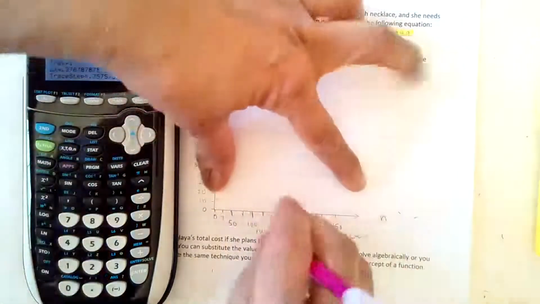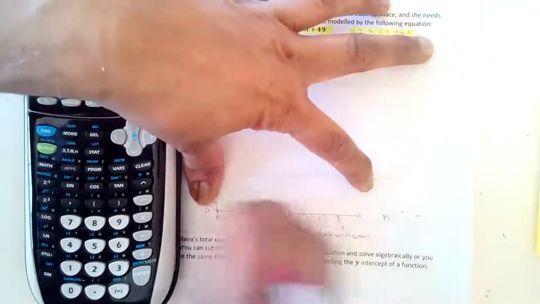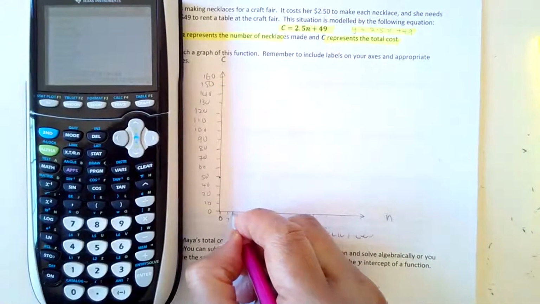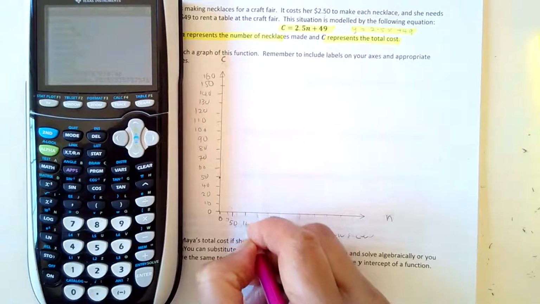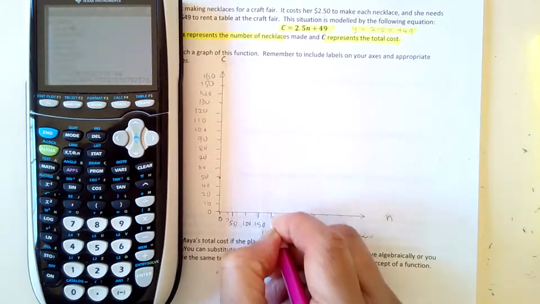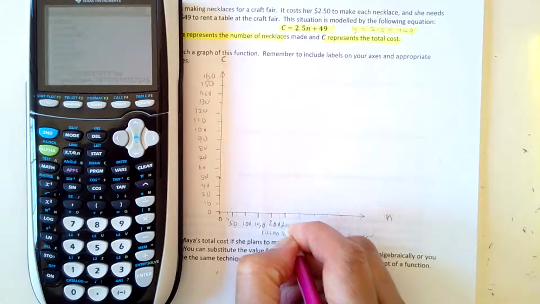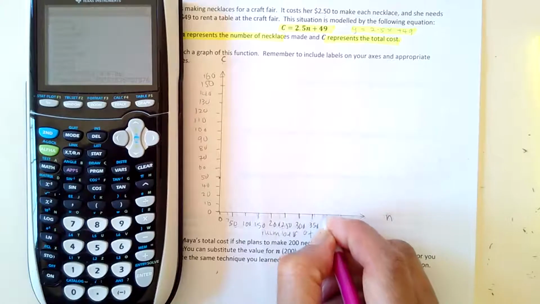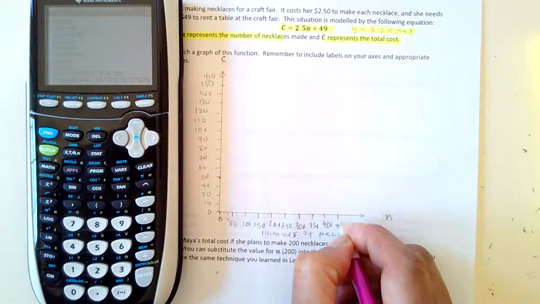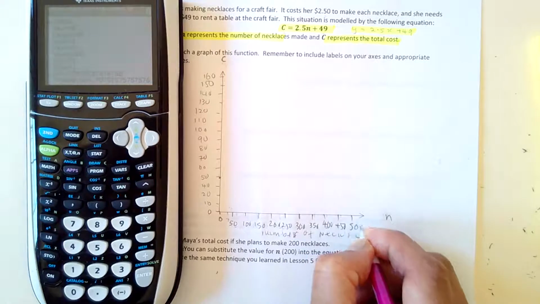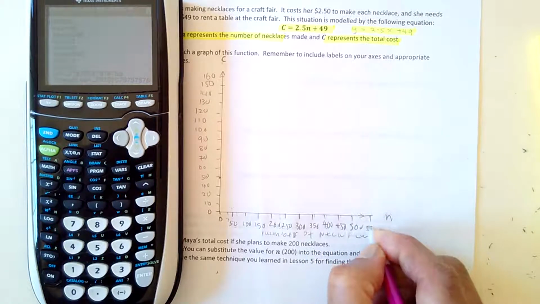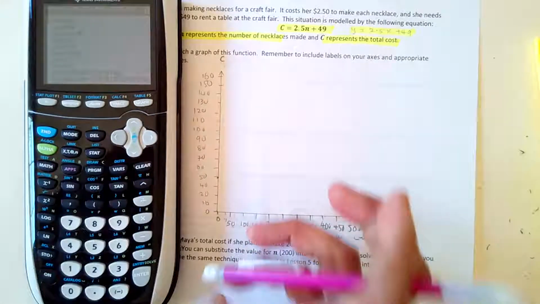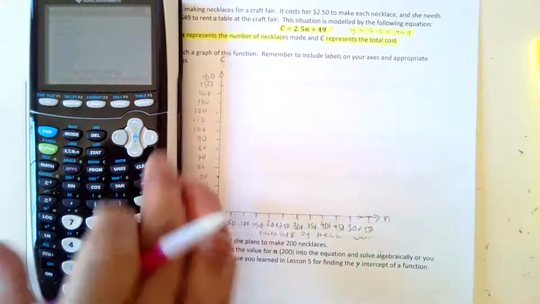Now, I'm not making this an equal increment here. 100, 150, 200, 250, 300, 350, 400. So I'm going up in increments of 50, and I can do the same thing here because I need my increment to be much higher.